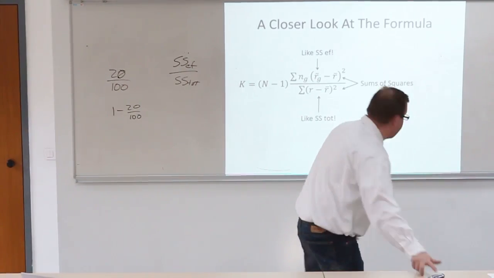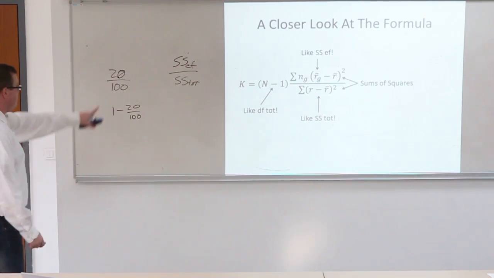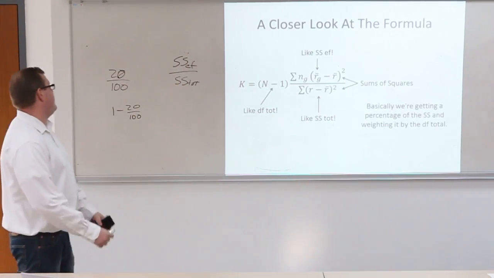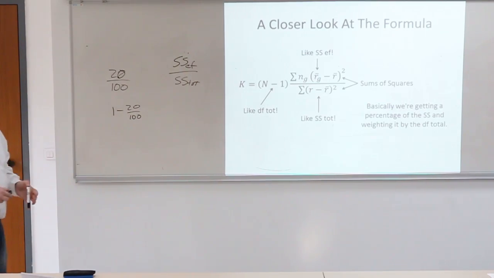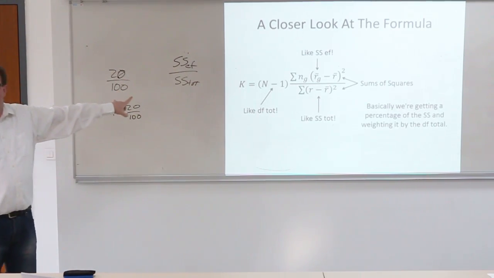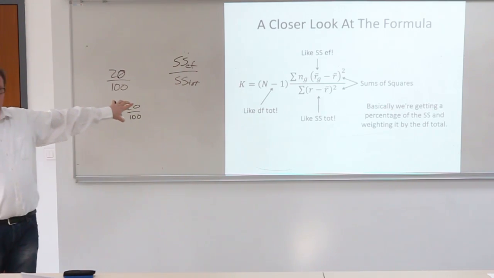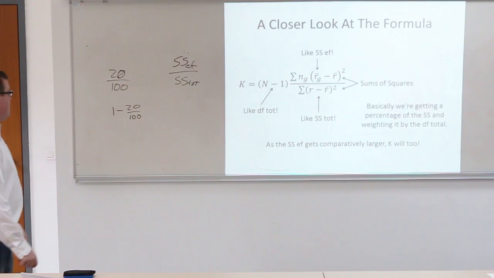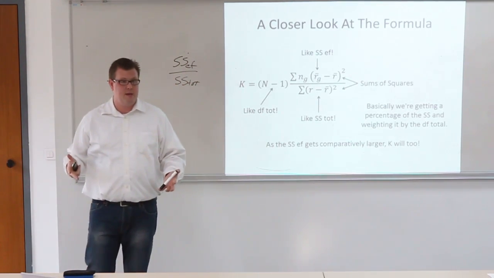Okay, so we have our sums of squares. We've got our degrees of freedom total. So basically, we're getting a percentage of the sums of squares, and then we're weighting it by the degrees of freedom for the total, right? So as the sum of squares of the effect gets comparatively larger, k should get bigger, right?